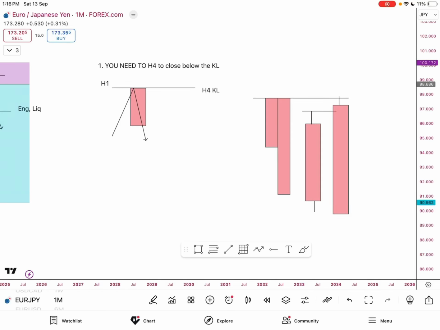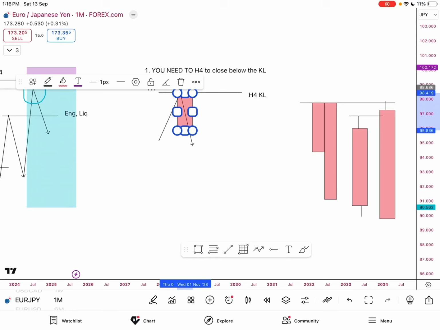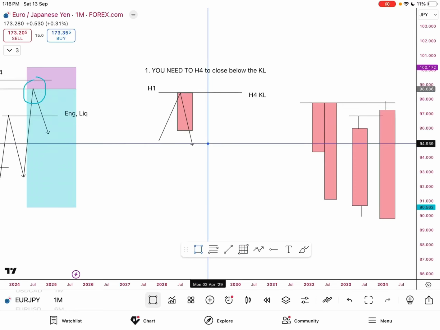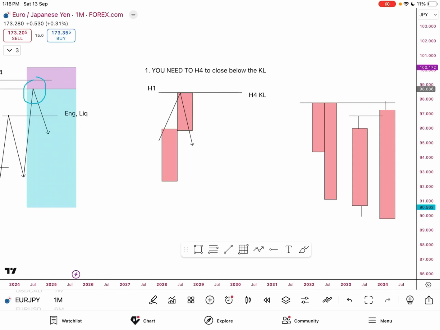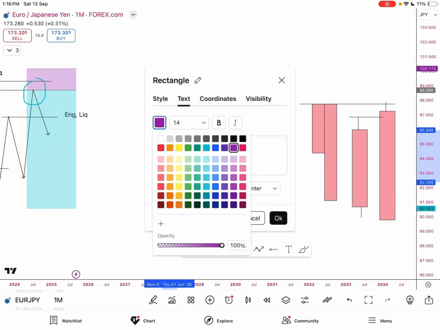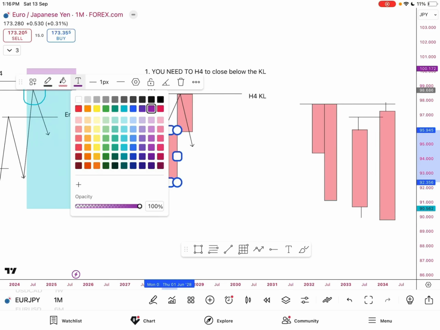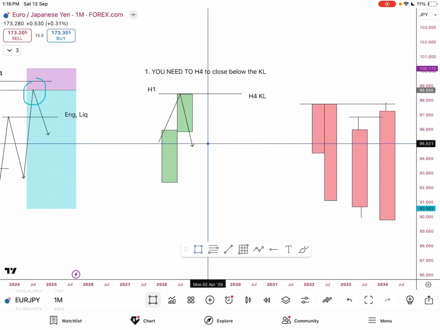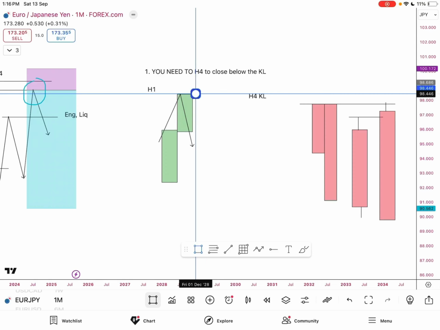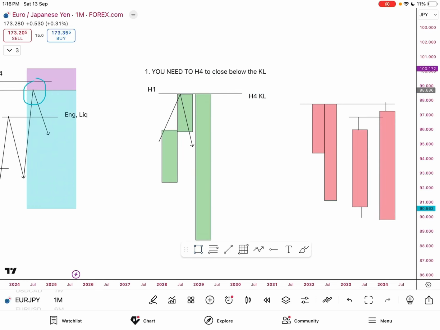There are many types of entry, like the price will be like this. Okay, so this will be the green candle and another green candle. So here the candle broke the structure like this.